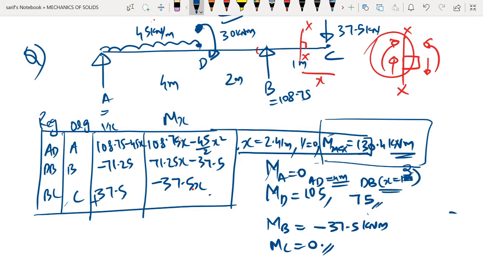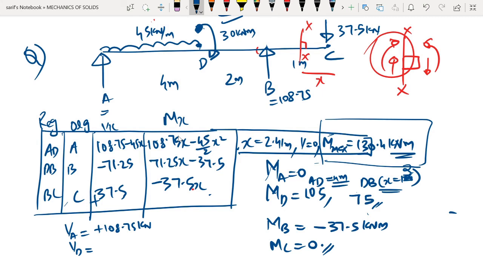If we calculate the salient points of the shear force, at the point C we have the shear force as 37.5. Let us start from the point A. At the point A, it is plus 108.75 kilonewton. At the point D, will the shear force have multiple values or a single value?